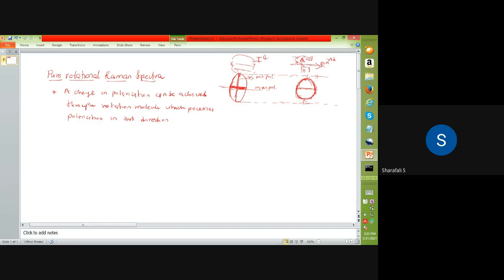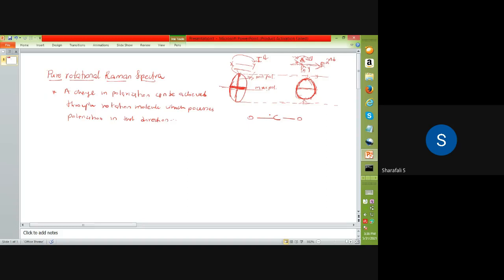In some cases, we will not get this change in polarization if the molecule does not have any polarization. Suppose the molecule does not have any kind of polarization initially, then that kind of molecule sometimes will not show it. But it also depends on what kind of operation that is. For example, if you consider the carbon dioxide molecule, in this case the moments on both sides will cancel.